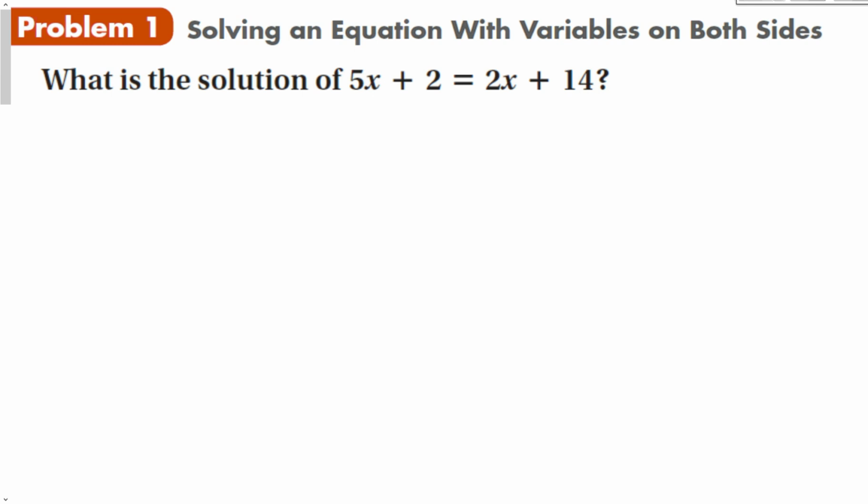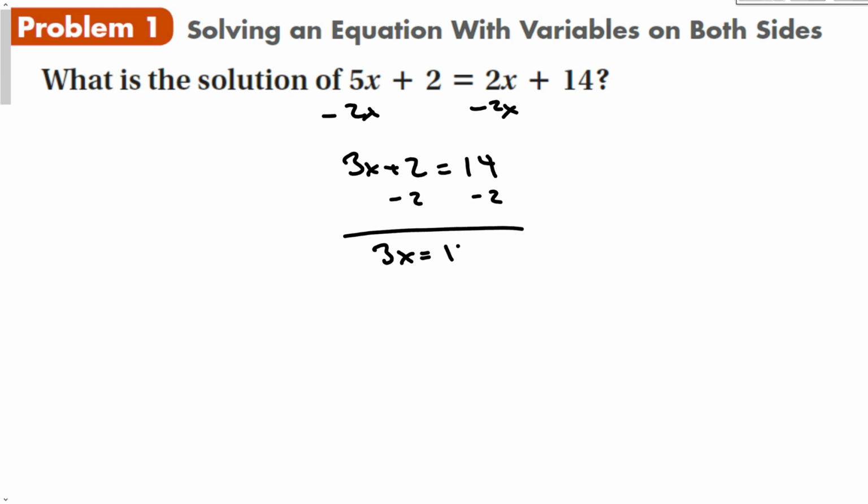So the first thing I'm going to do is subtract 2x from both sides. Doing this will put these x's together with these x's on the left-hand side to give me 3x + 2 = 14. Now, it's just a simple matter of solving for the variable. 3x = 12, divide by 3, and we have x = 4.